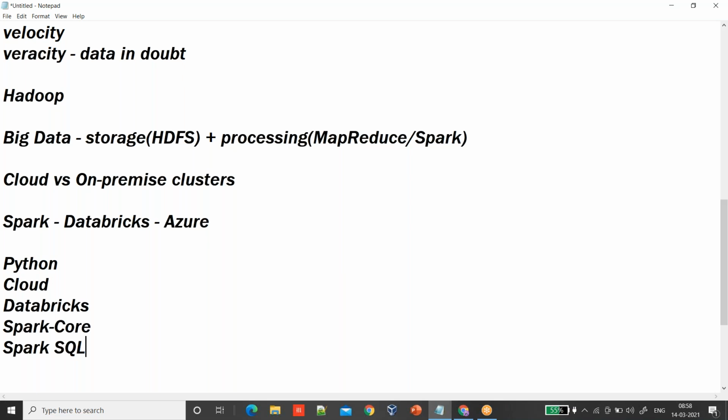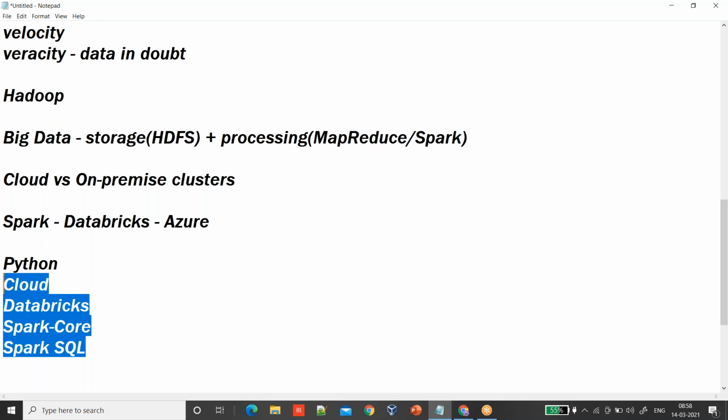Then you will learn about different file formats: Delta, Parquet, and Avro, row file formats, column file formats. Okay, so everything would be covered here. At a high level, these are the topics which you are going to learn during our 2-month course, and the detailed content coverage is given in the syllabus document, guys.